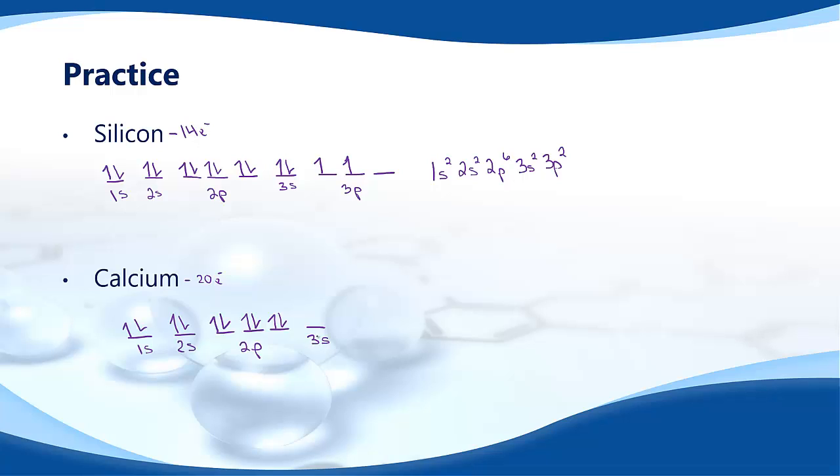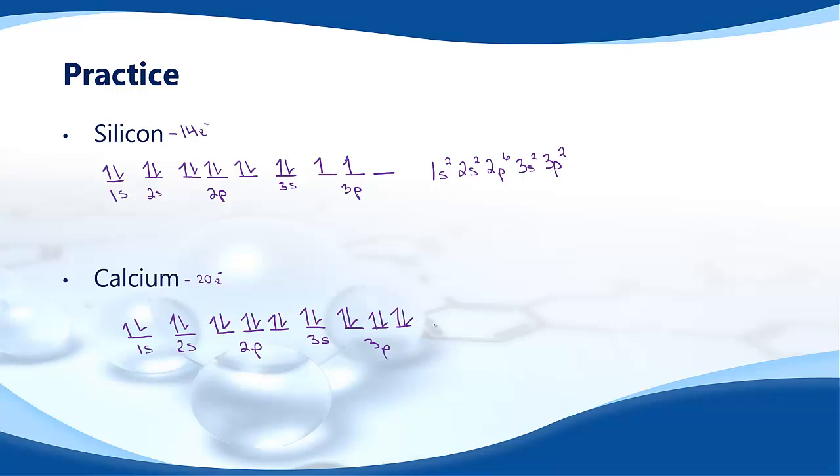After that's 3s, 11, 12. Then I have 3p, 13, 14, 15. Come back for Hund's rule, 16, 17, 18.